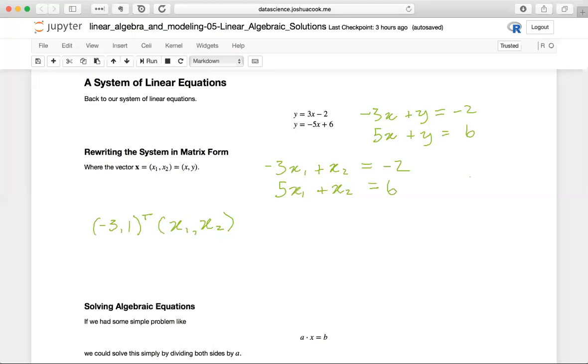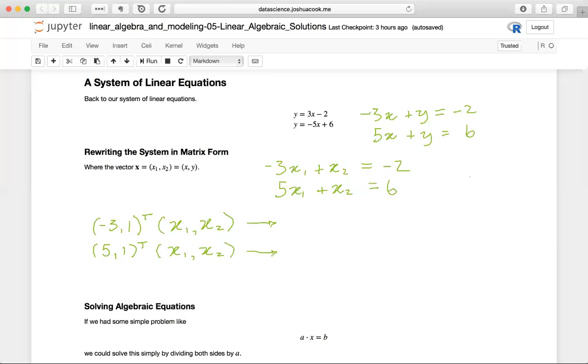And then let's do the same thing with the second equation. We're going to have 5, 1 transpose times x1, x2. All right, so I'm actually going to rewrite these as row vectors and column vectors.